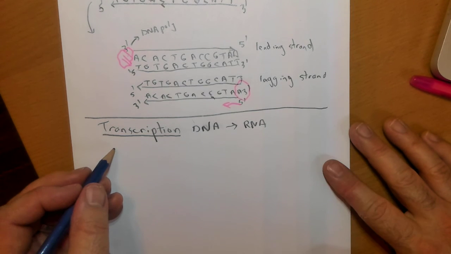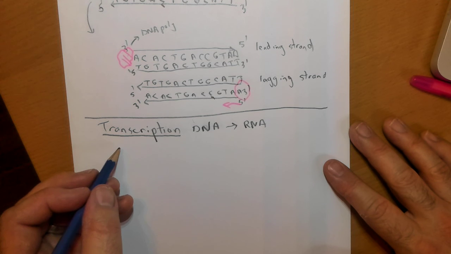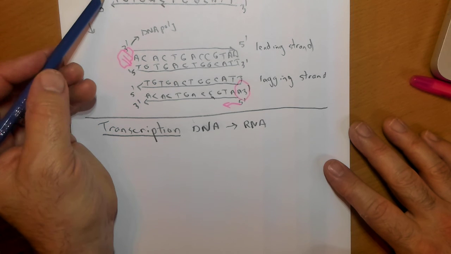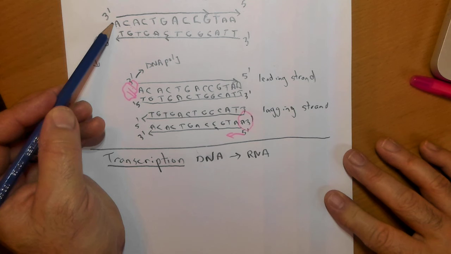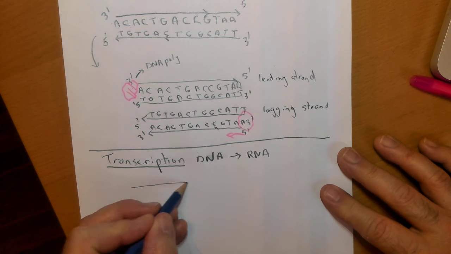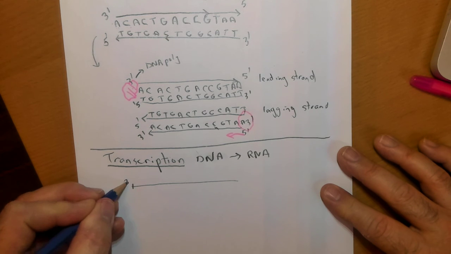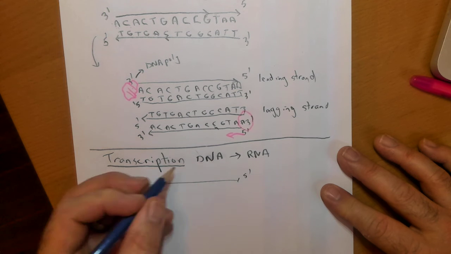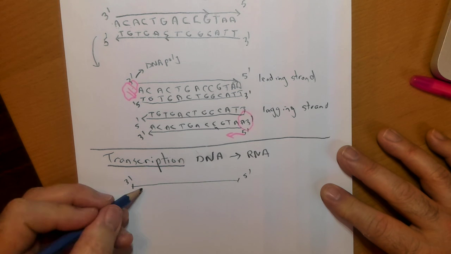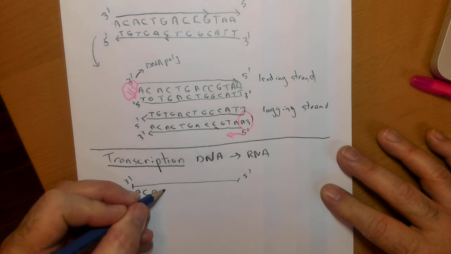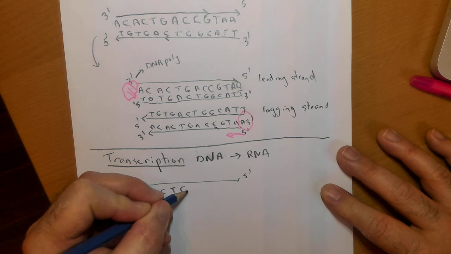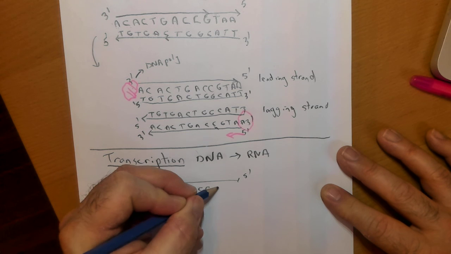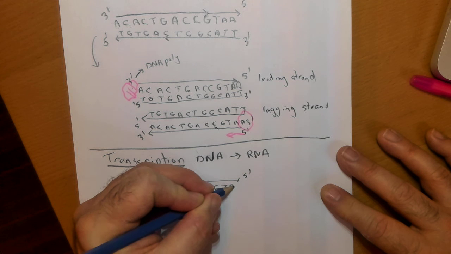And the DNA piece is read. In a similar way, I'm going to use the top strand here and just replicate it. The enzyme that does this also runs in the 3 to 5 direction. In this case, the purpose is not to make another copy of the DNA, but rather to grab the information off of there in the form of this RNA molecule.